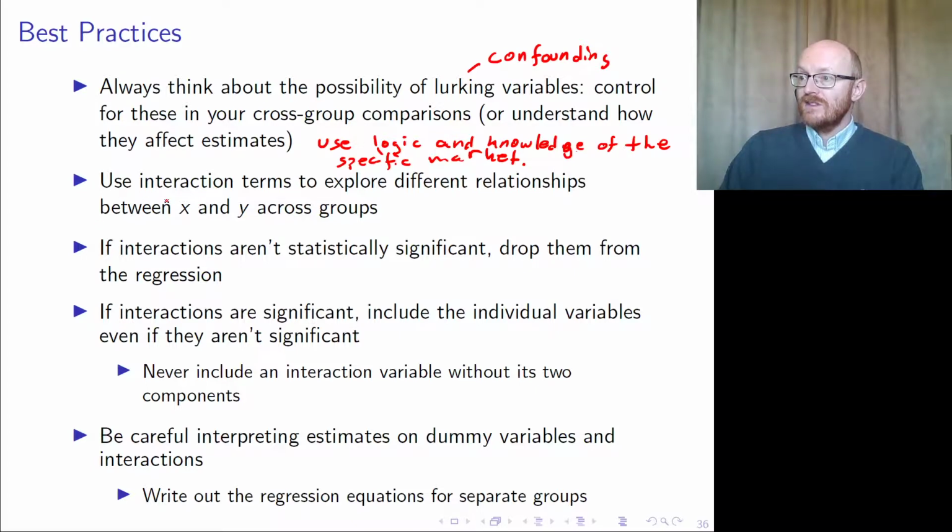So, use interaction terms to explore different relationships between x and y across groups. If interactions aren't statistically significant, drop them from the regression. That would be the x1 times x2.